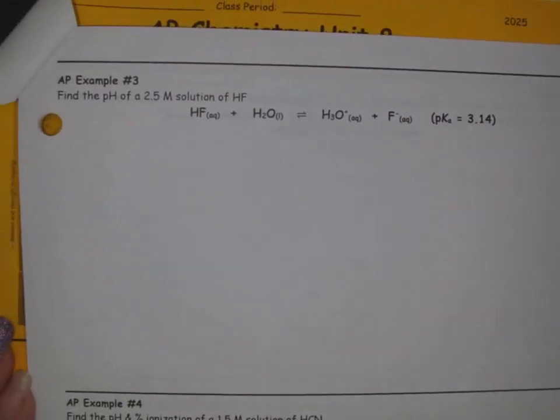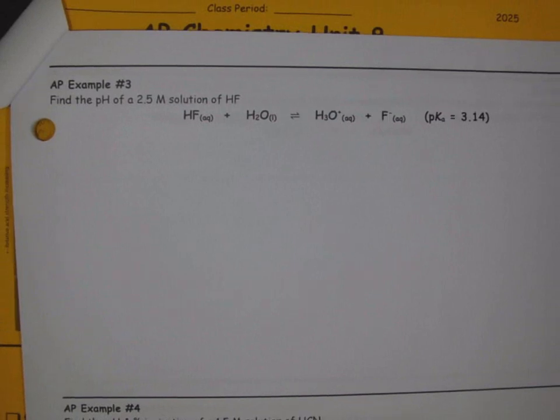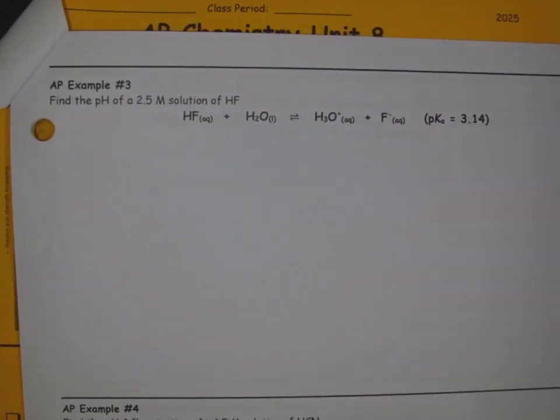Okay, now these are the kinds of questions that you're going to see most often, so we're going to do both of these questions. You're going to often be asked to solve for the pH or pOH of a weak acid or a weak base. The most important thing is that you need to recognize if it's a strong acid or a weak acid.